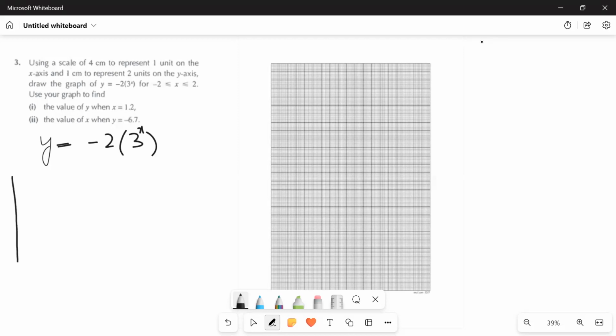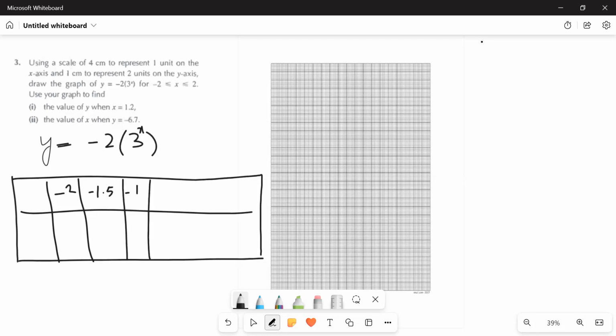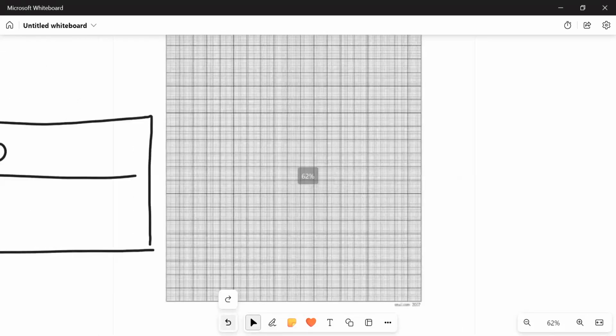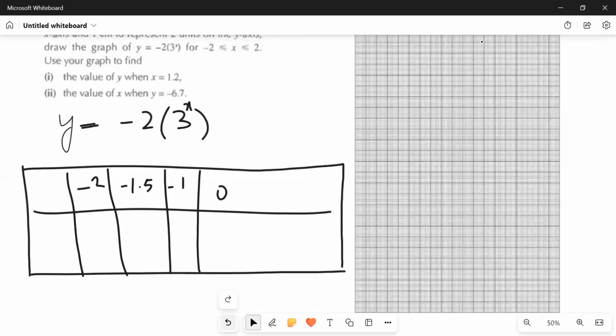So according to this, the range is very small. So we are taking the graph according to a difference of 0.5. So it will be -2, -1.5, then -1, then 0, then 0.5, or we can take 1 and 0.5.